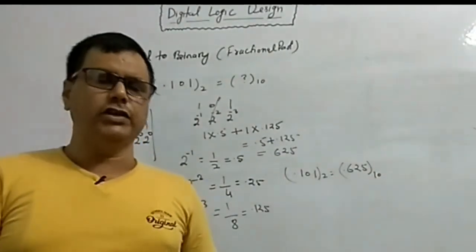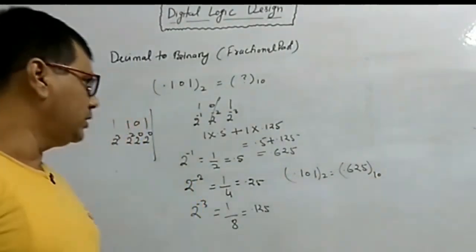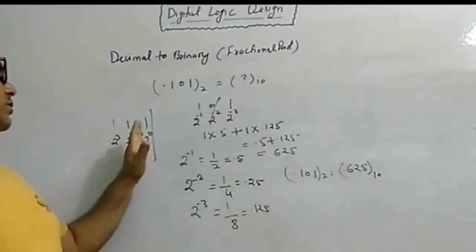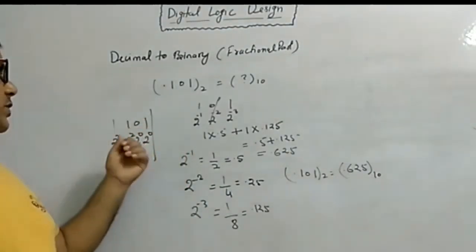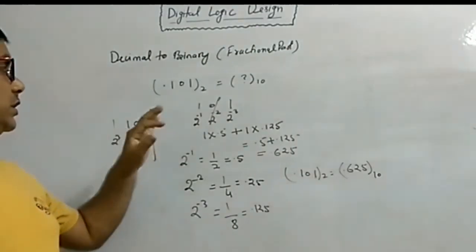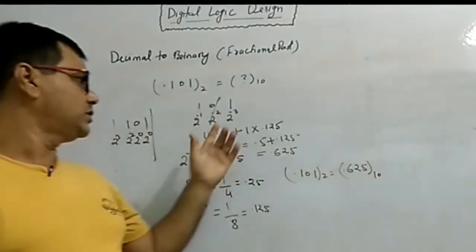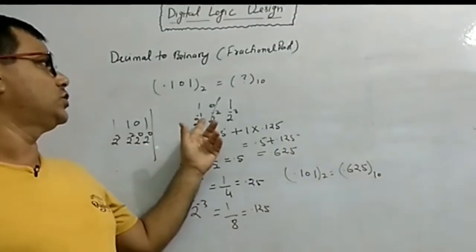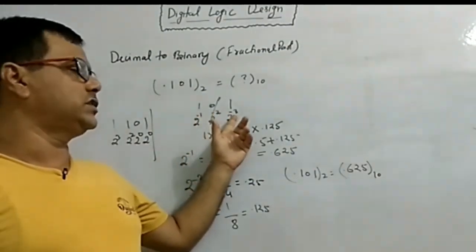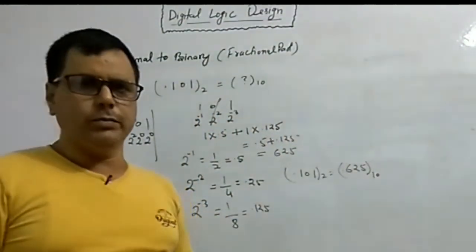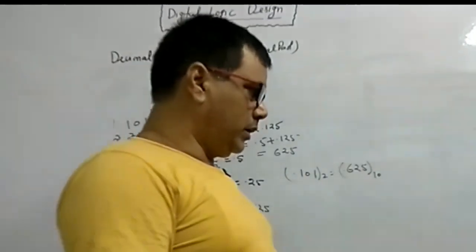So the process is very easy. Similarly, in whole numbers we start from 2 to the power 0, and in the fractional part we start from 2 to the power minus 1, 2 to the power minus 2, 2 to the power minus 3, and so on.